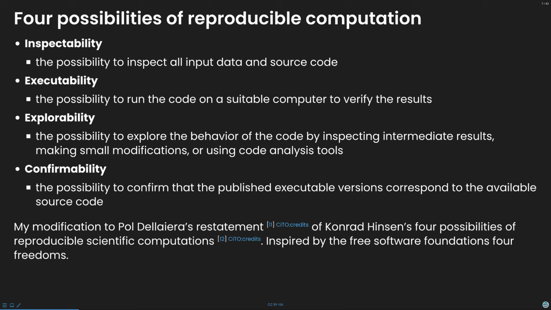Importantly, the explorability section, that's actually understanding and manipulating all of the intermediate steps and code so that you can test different hypotheses for what might be sources of error. And confirmability, which is, as I'm defining it here, the ability to get the exact same version and verify that any binaries are in fact produced from the source code.